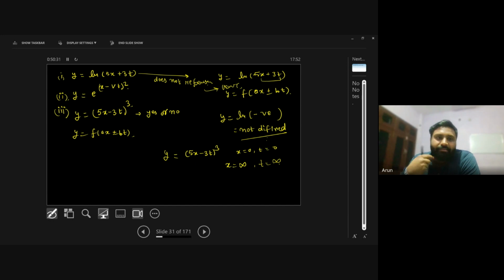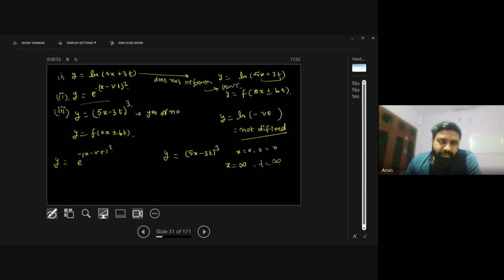Now, if I talk about the second function, y is equal to e raised to the power minus (x minus vt) whole square. Meanwhile, you guys can do it also. I have added an extra minus.